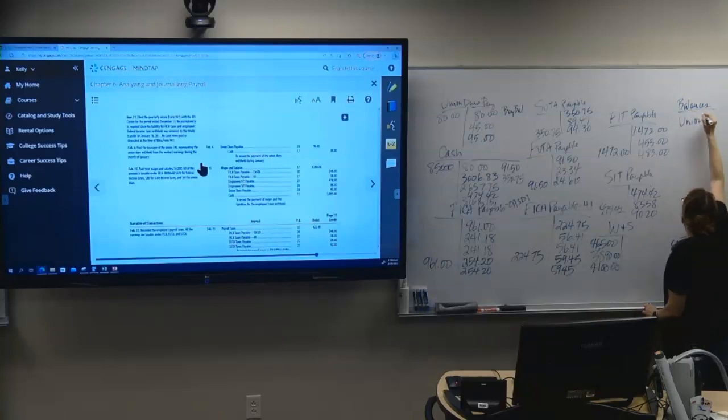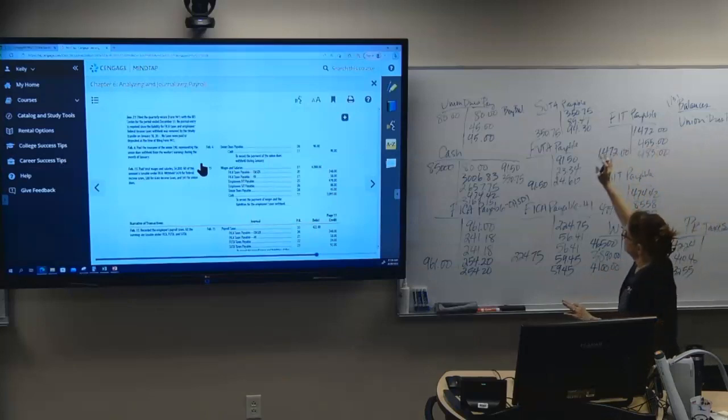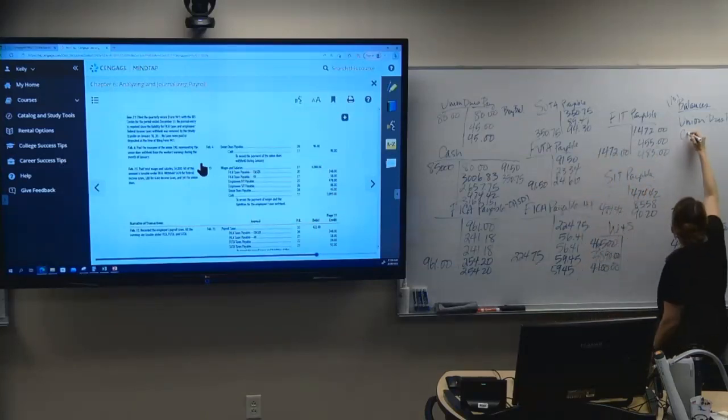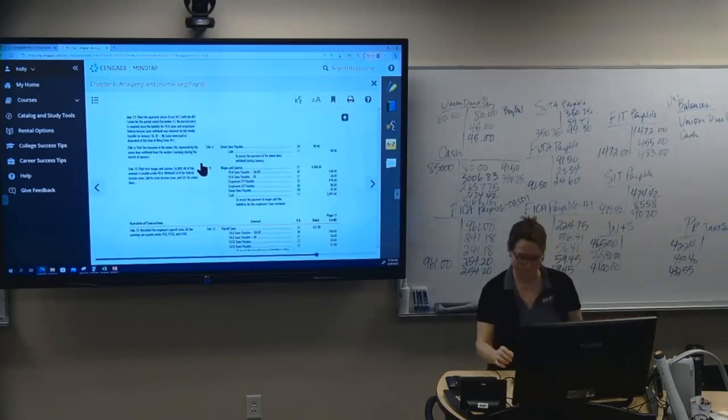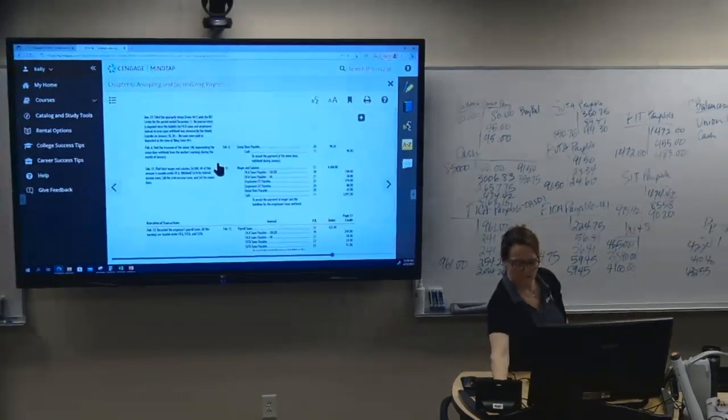Union dues, this is 131. Payable, 90. And these aren't necessarily in order, right? Cash, how much cash do we have? So this is going to be our union dues payable. Move this over for everybody to see.